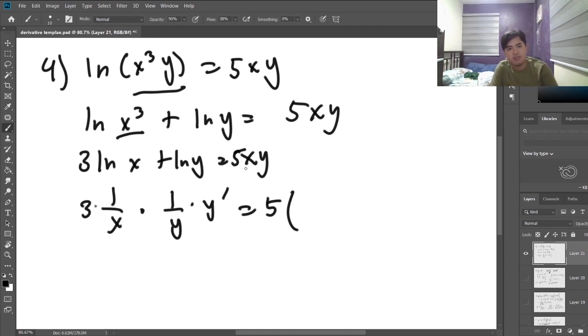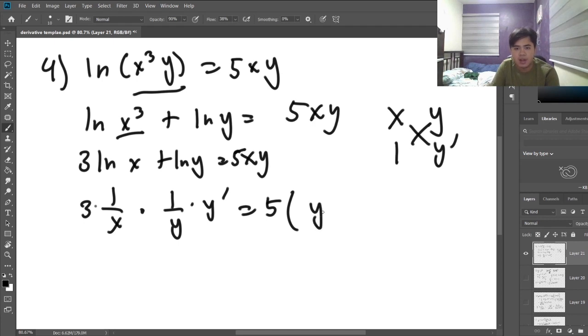And then we have to find the derivative of this. This is a product rule situation. What's the derivative of x? That's just one. Derivative of y is y prime. So we just cross multiply it together. We get y plus x y prime. That's a trick you could do.